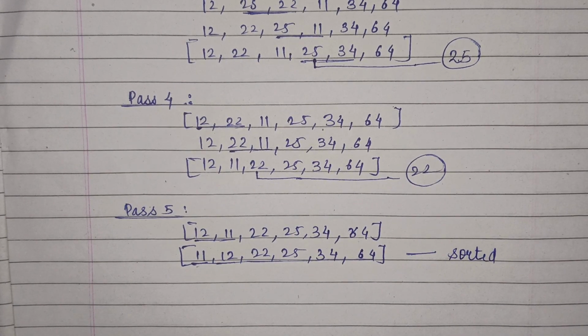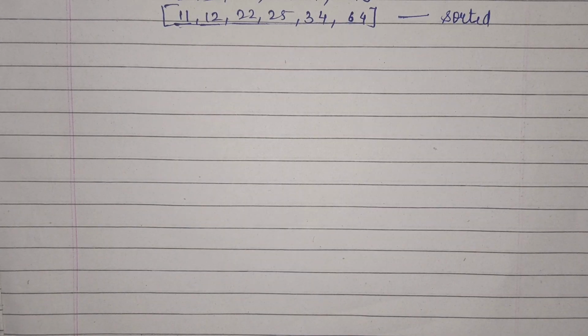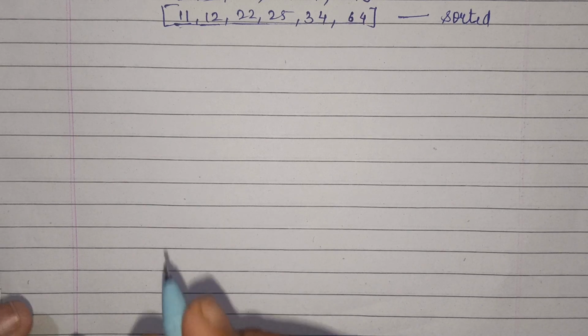So this way we can solve the bubble sort algorithm by placing the biggest number in the array in its right position. Let's see the pseudocode for it. So we have to use nested for loops here.